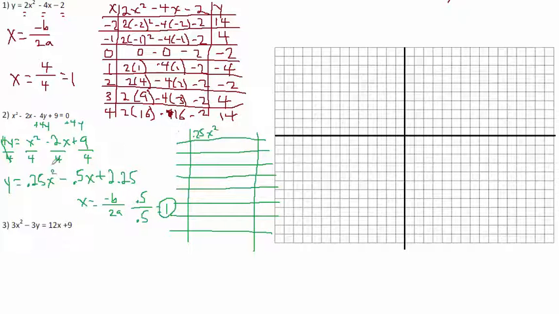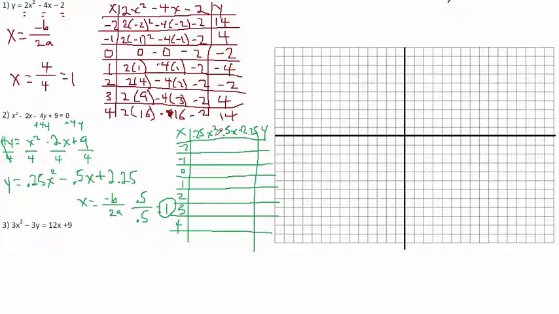I didn't put that over there, but that shouldn't matter. Minus 0.5x plus 2 1/4. And we have a 1 over here, so let's put, again, 0, -1, -2 up here, and 2, 3, 4 over here. All right. Let's try -2 first.